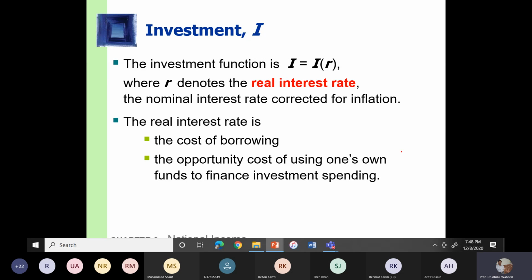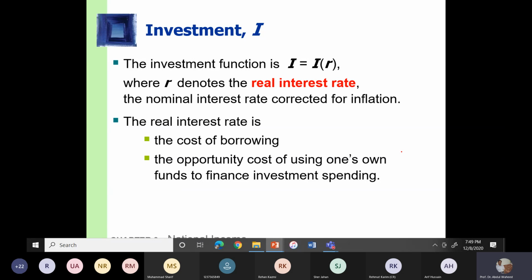लेकिन जब आपके पास डिफरेंट ऑप्शंस हैं, ऐसे डिफरेंट इन्वेस्टमेंट प्लान हैं, तो वो प्रोजेक्ट जिनके रेट ऑफ रिटर्न कम होते हैं वो हायर इंटरेस्ट रेट पे फीजिबल नहीं होते। लेकिन जब इंटरेस्ट रेट कम हो जाता है तो लोअर रिटर्न वाले प्रोजेक्ट भी फीजिबल हो जाते हैं, क्योंकि फिर उनका रिटर्न मार्केट रेट ऑफ इंटरेस्ट से अगर ज़्यादा है तो that project would also become feasible and then you will make investment. So this means when interest rate decreases investment expenditure will increase, and when interest rate increases investment expenditure will decrease.